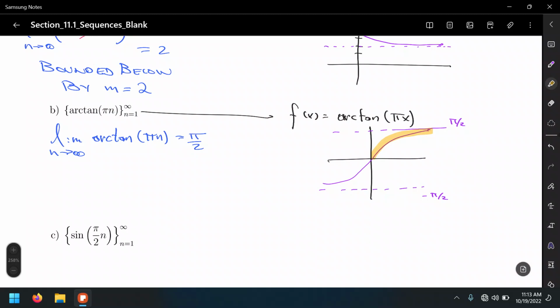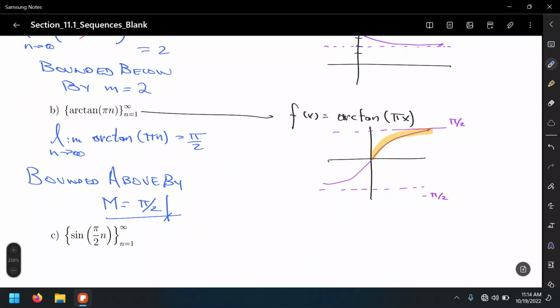In this case, we say that this is bounded above by big M. Because it's an upper bound, we use uppercase M equals pi over 2. All right?